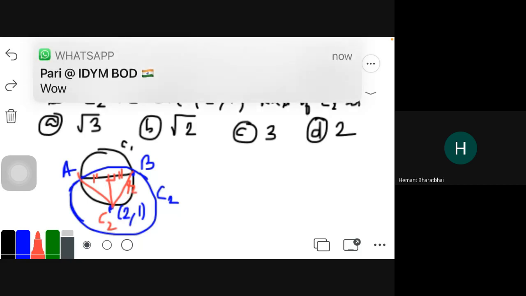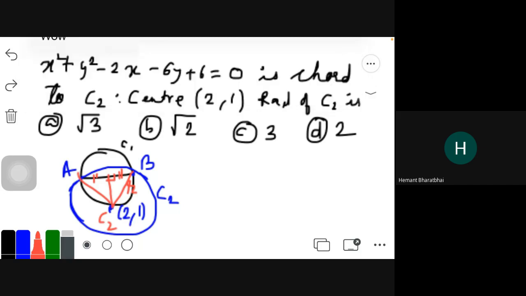One possibility is, suppose I somehow know the coordinates of point B, then by distance formula I can find out, or from the given equation if I can find out the radius of the circle, then like the last numerical, I'll be able to find out the value of this, and then I can find out the equation of the diameter also.